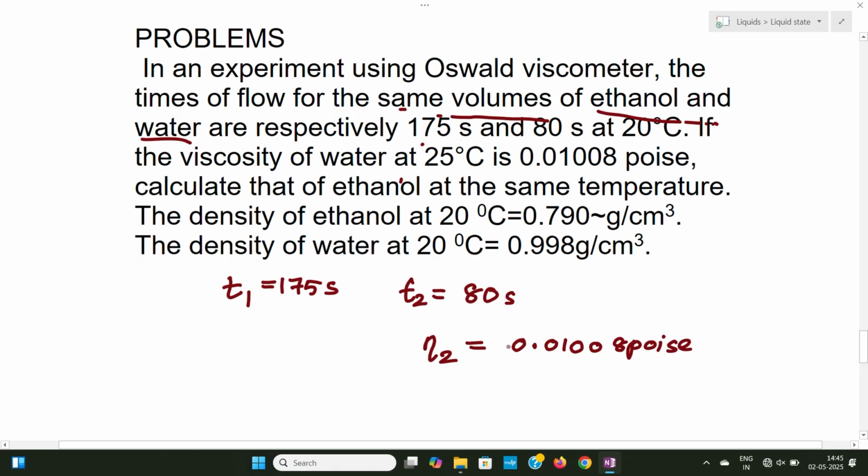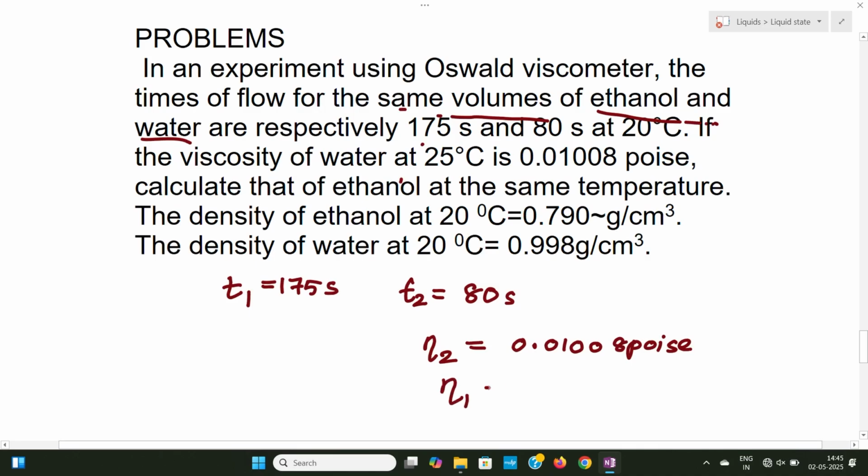Then we have to calculate the viscosity of ethanol at the same temperature, 20 degrees Celsius. That is, we have to find eta 1.